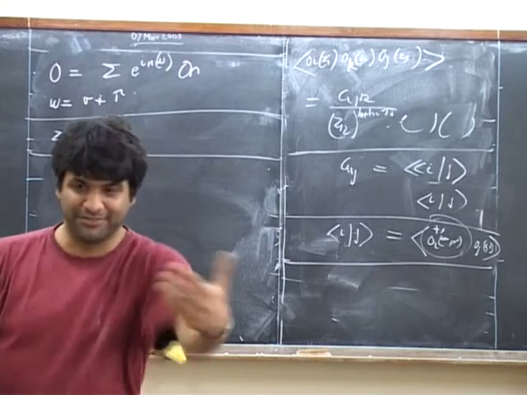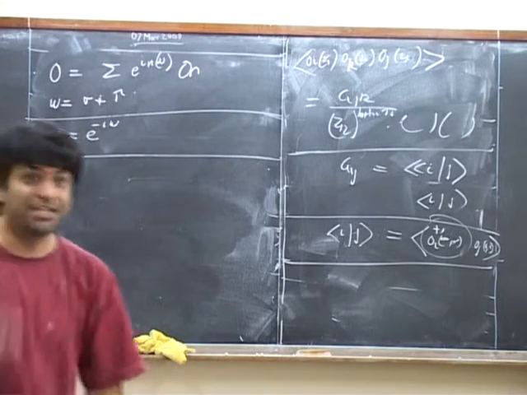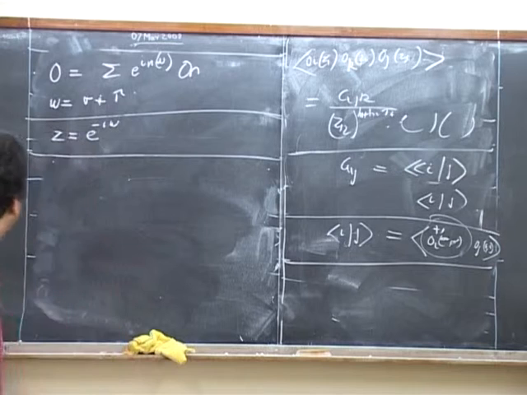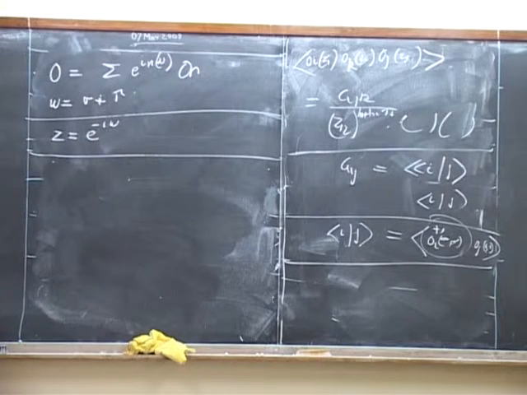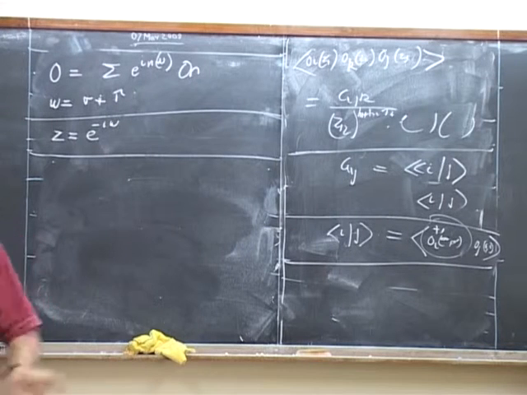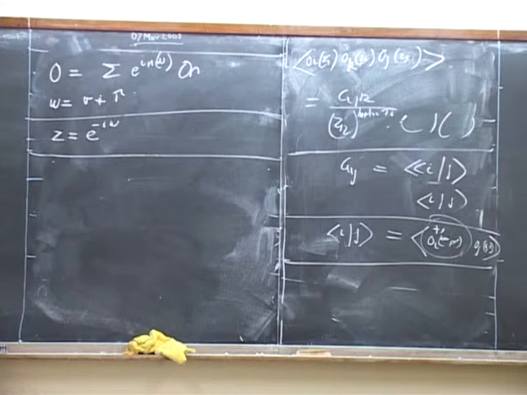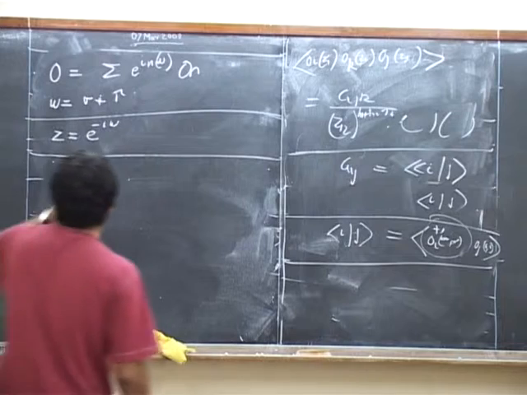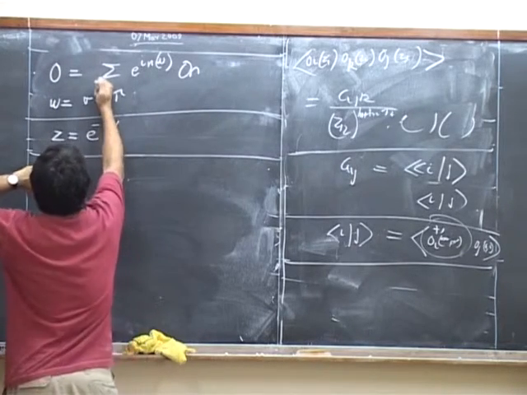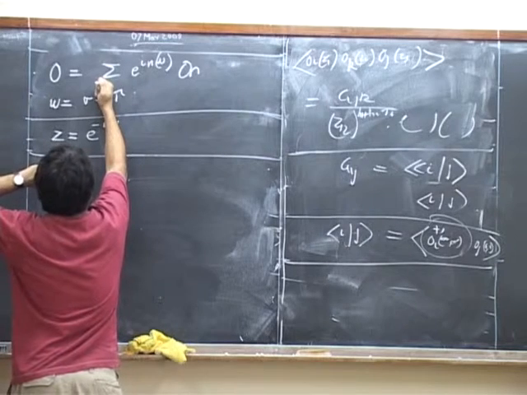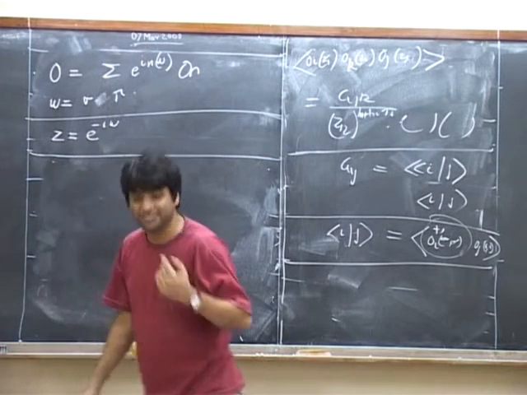Positive energy is e to the power minus i t, so the annihilation operator should have e to the power minus i omega. And in our business, annihilation is positive n.